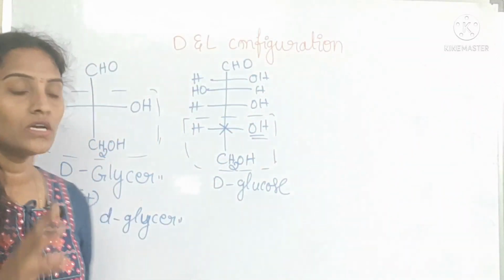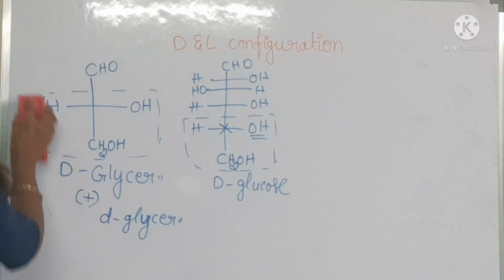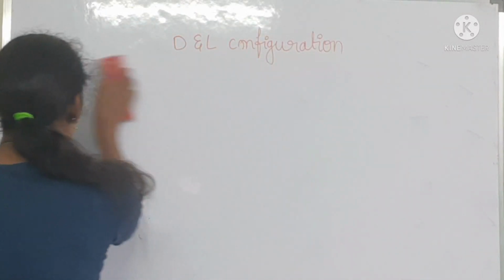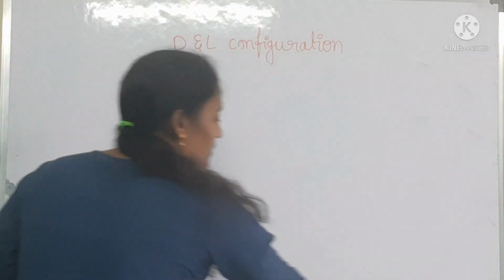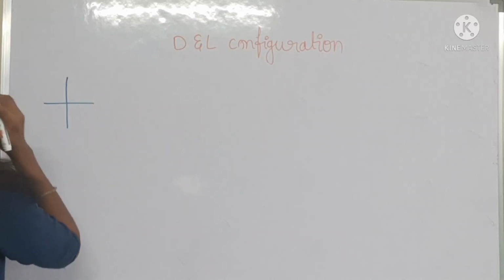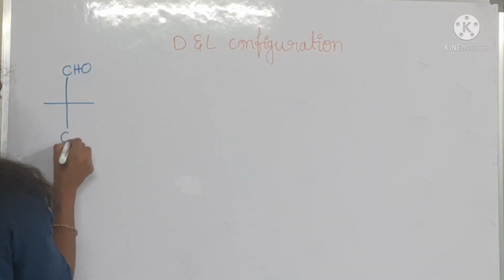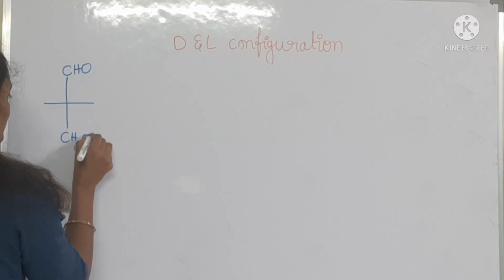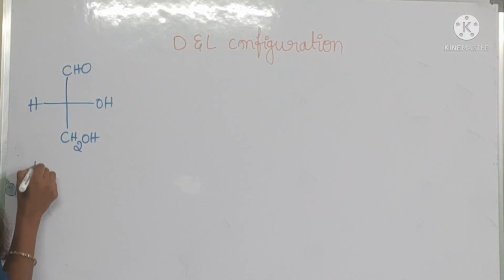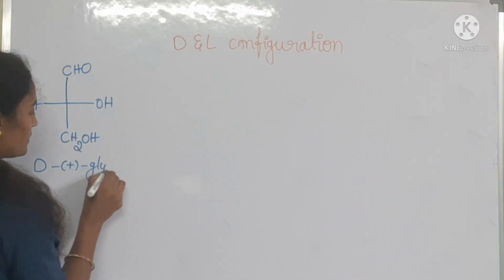Why is it wrong? Just take an example by correlating enantiomers of a molecule with glyceraldehyde. D-plus-glyceraldehyde you can take to correlate enantiomers of lactic acid. This is D-plus-glyceraldehyde.